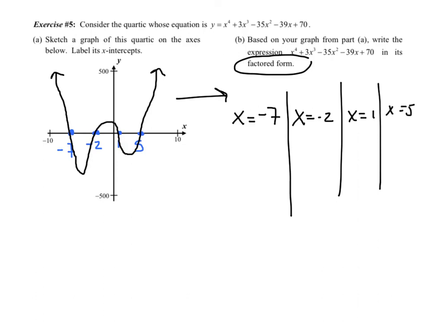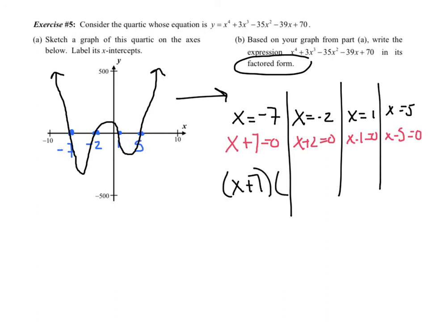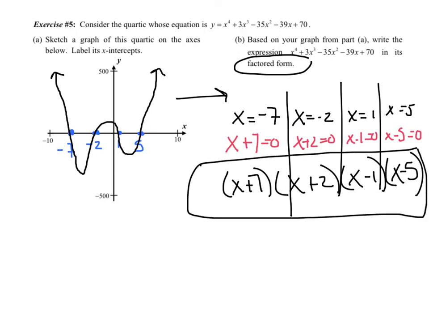To get x equals -7, I would have had to have x plus 7 equals 0, x plus 2 equals 0, x minus 1 equals 0, and x minus 5 equals 0. So I'm basically just working backwards, which tells me that this factored version is x plus 7 times x plus 2 times x minus 1 times x minus 5. And that's how that function would get factored up here.